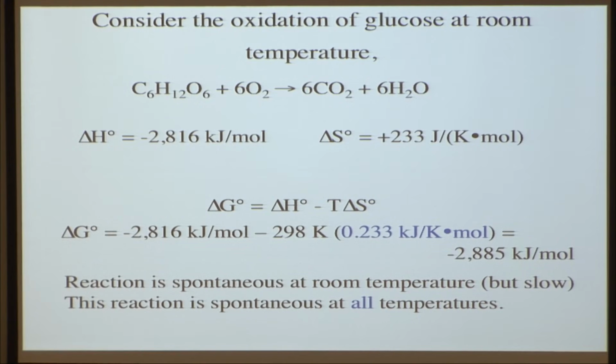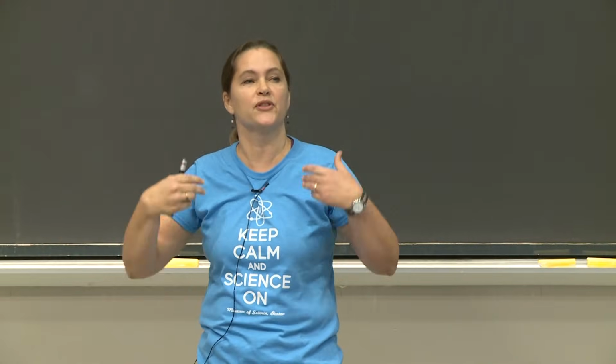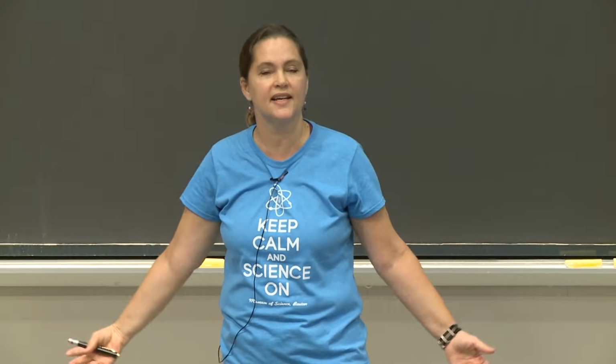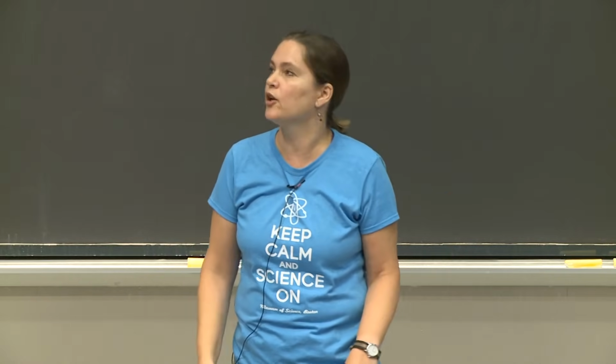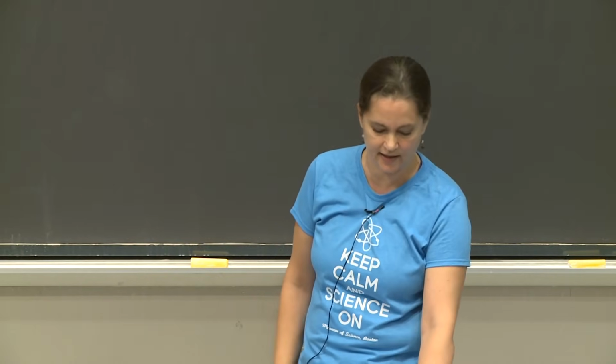Other reactions might not be the case, but if you have negative delta H and a positive delta S, it will be spontaneous. So negative delta H, again, exothermic, heat released, and a positive entropy is a favorable thing. Entropy is always increasing. So if this reaction has an increase in entropy, it'll be much more likely to be spontaneous.